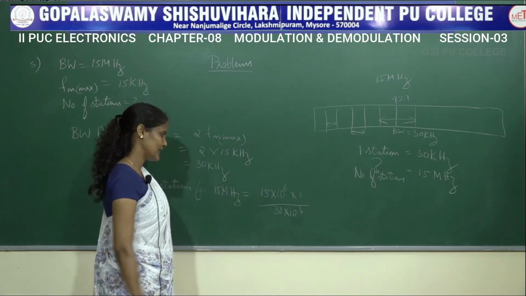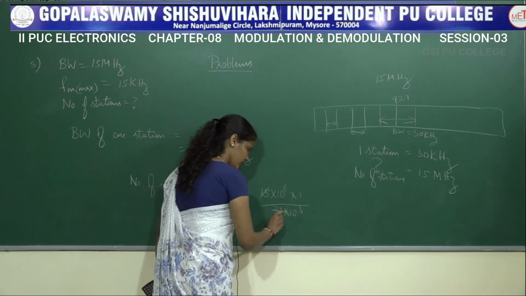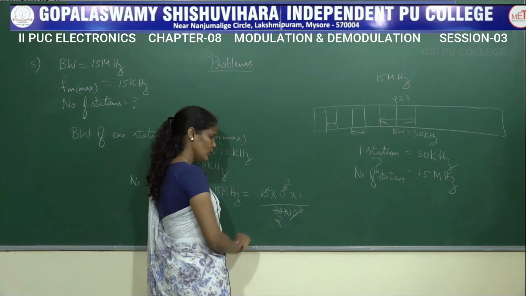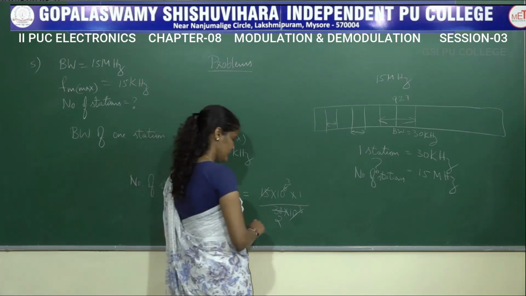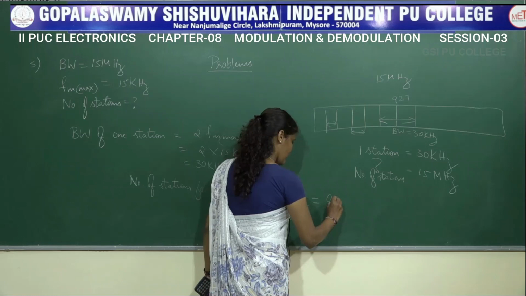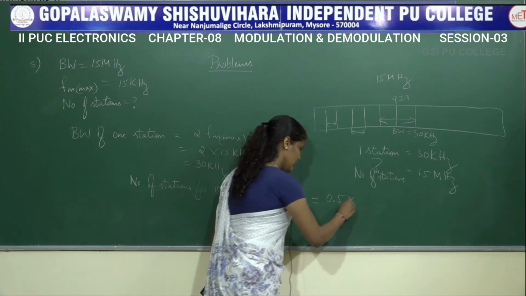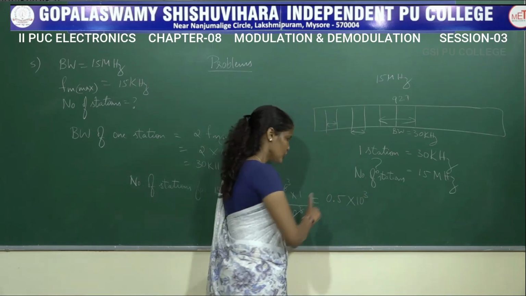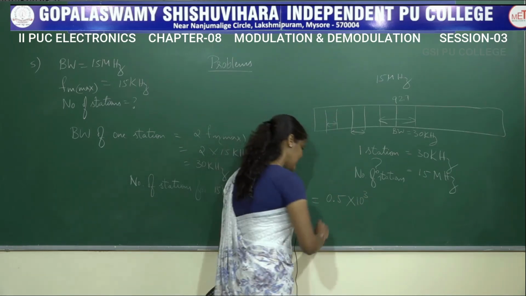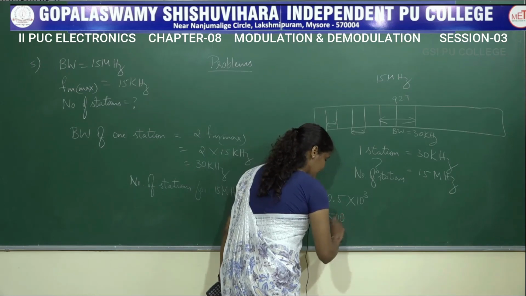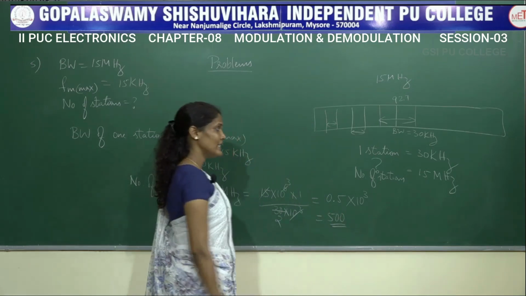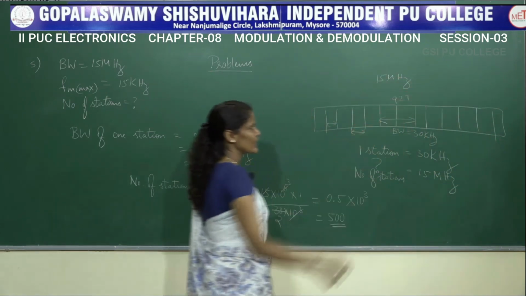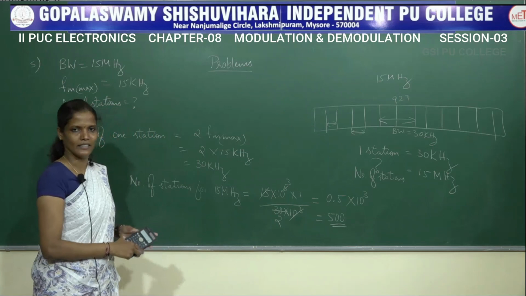I have just cross multiplied. So 15 ones are 15, 15 twos are 30, 10 to the power of 3 cancels. So 1 divided by 2 is equal to 0.5 into 10 to the power of 3, the remaining 10 to the power of 3. So 0.5 into 10 to the power of 3 gives me 500. So 500 number of stations can be accommodated in a bandwidth of 15 megahertz.